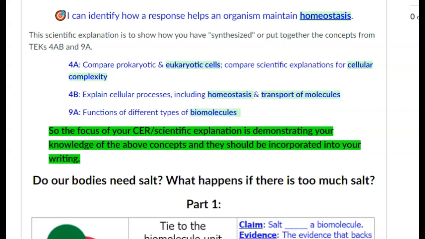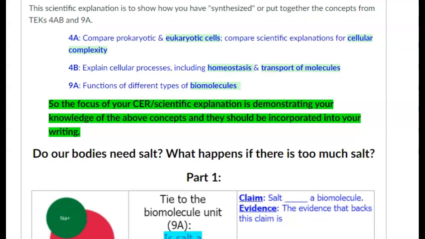And I've listed them there for you. And I've even highlighted some of the key terms to help you focus in on the major ideas. So as you write, remember that the CER, or scientific explanation, is demonstrating your knowledge of the above concepts, and you need to incorporate them into your writing.